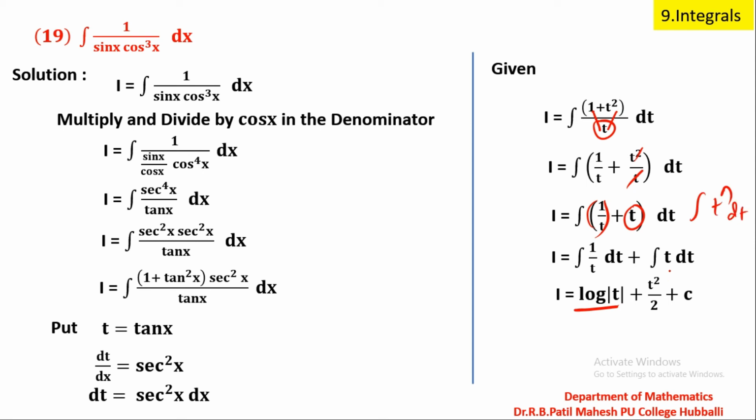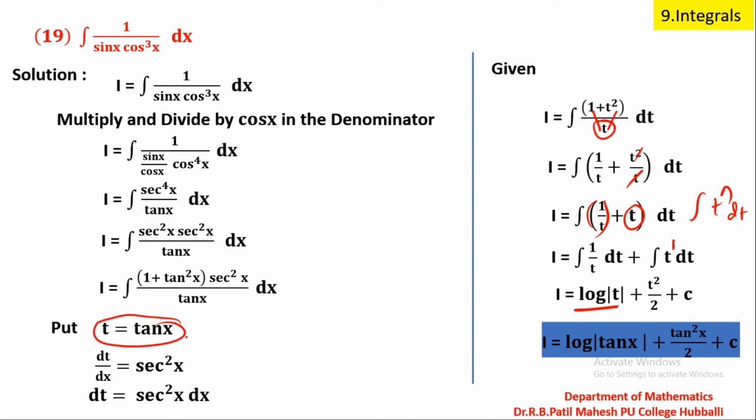So integration of t raised to 1 is t raised to 2 divided by 2 plus c, and replace t. The t you have taken as tan x. So wherever t comes, I will write tan x, students. So the final answer for this question is log of mod of tan x plus tan square x divided by 2 plus c. Hence the problem and its solution.